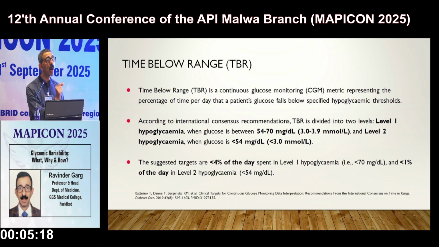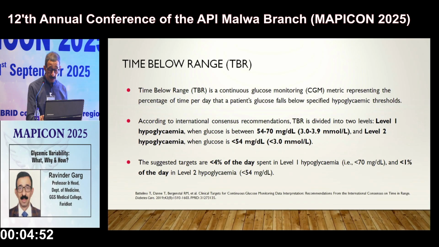This is level 1 hypoglycemia. And level 2 is even less than 54 milligrams per deciliter. That is level 2 hypoglycemia. Level 1 hypoglycemia should be less than 4% in the day, whereas level 2 hypoglycemia should be less than 1% only, right? And you can imagine a patient having a blood sugar of 40, 35 and having that triad of sweating and everything.